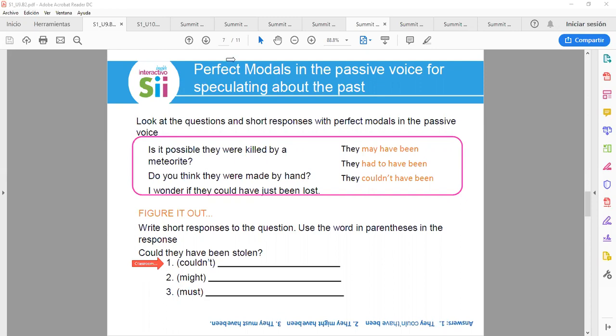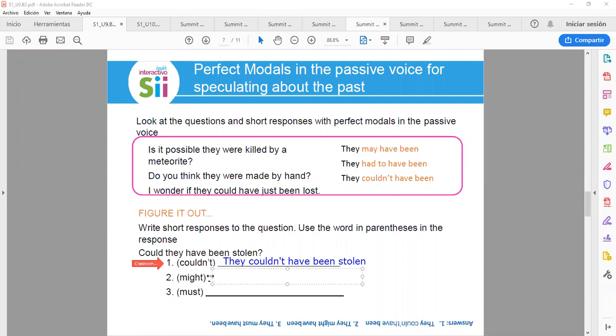Okay, let's write an example. Using couldn't, we could say they couldn't have been stolen. Okay, let's go to another one.